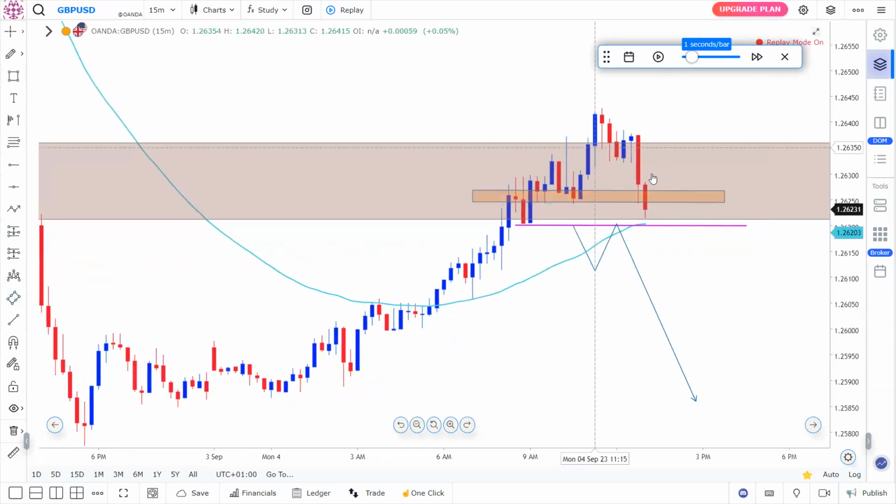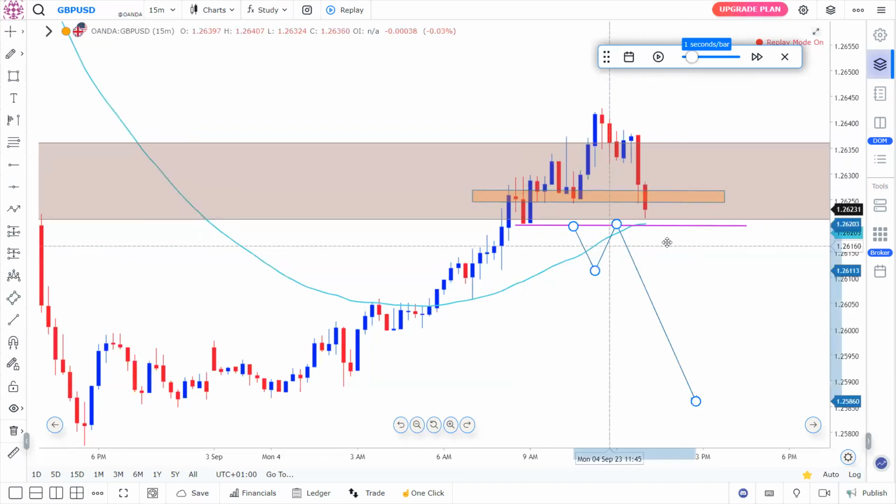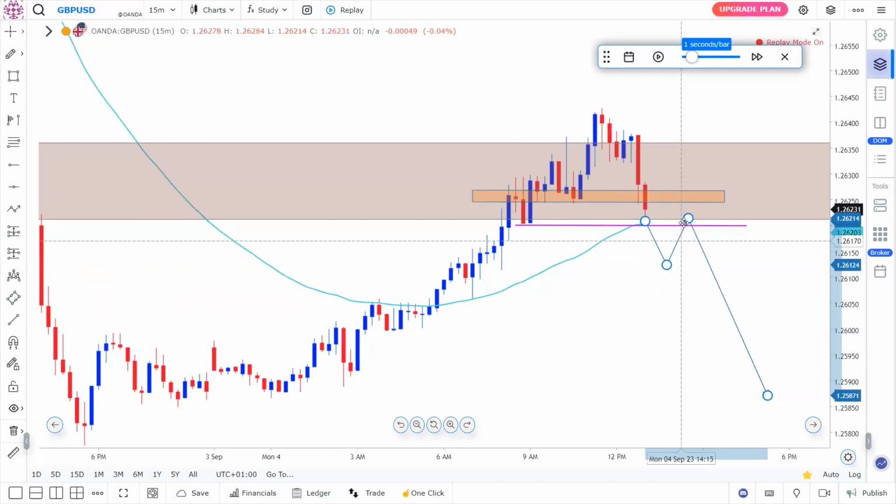Now we can clearly see we have a break of this structure level, shifting the market structure from bullish to bearish once again. So clearly now we're having every one of the time frames to the downside: the weekly bearish, the daily bearish, the 4-hourly bearish, the 1-hourly bearish, and now the 15-minute time frame has shifted from bullish to bearish, making any sell trade setup a higher probability trade setup. And like I explained right here, all I needed was just for this to happen.